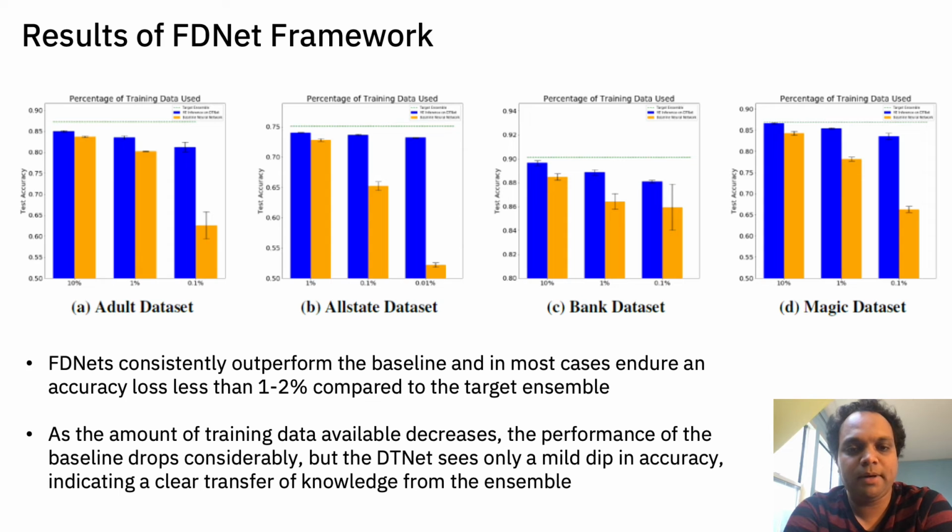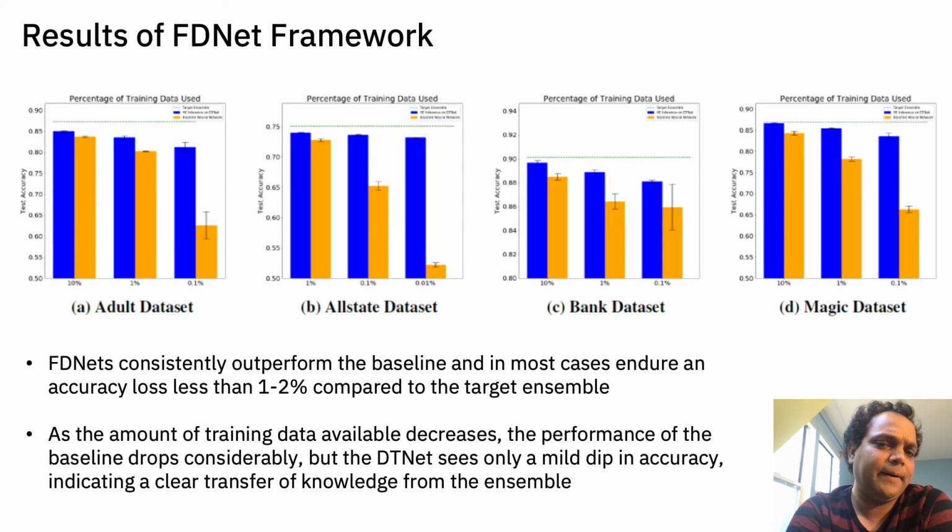So we validated the approach with several experiments. We conducted experiments on 4 different types of data sets. Most of them are UCI repositories, and the all-state data set here is a Kaggle data set. So the experimental setup was as follows.